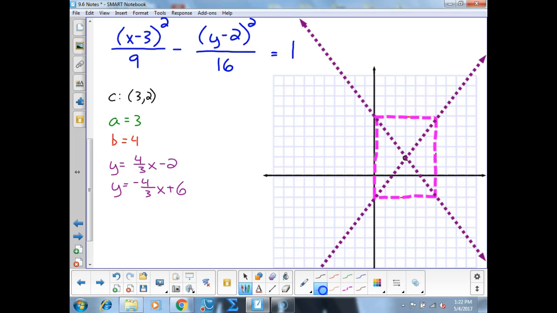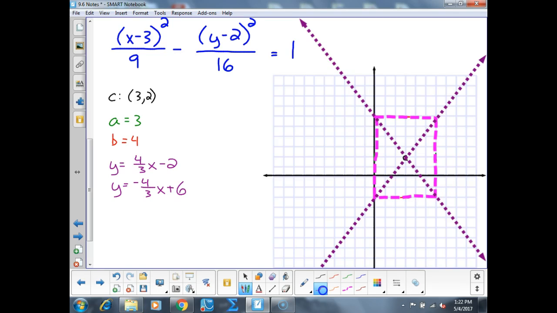Easy to do because the side of the box was right on the y-axis. So we kind of use what the line goes through, and the center is on the line.